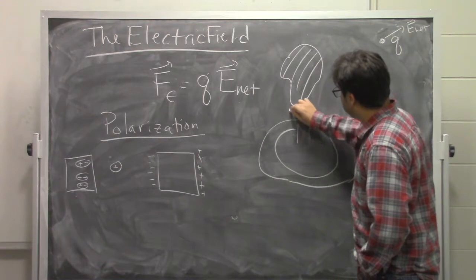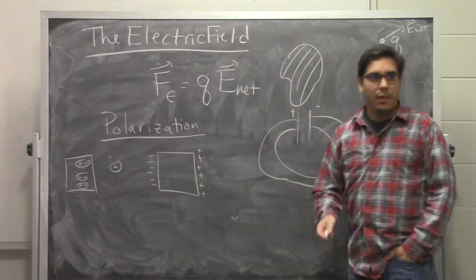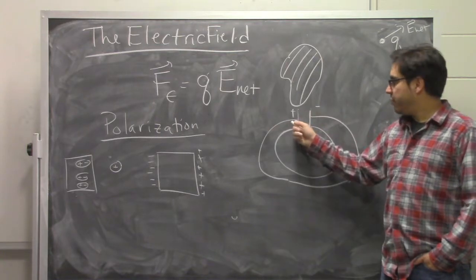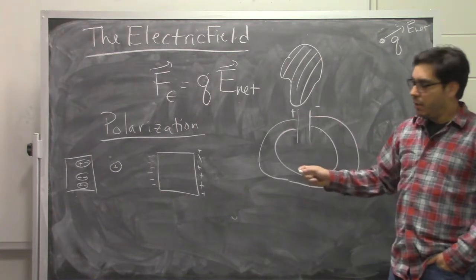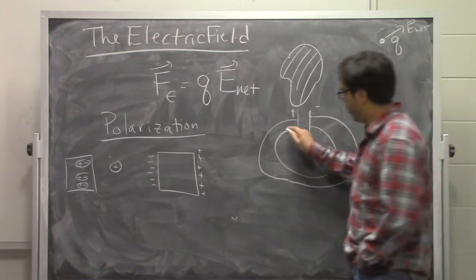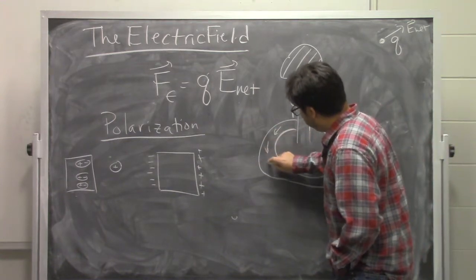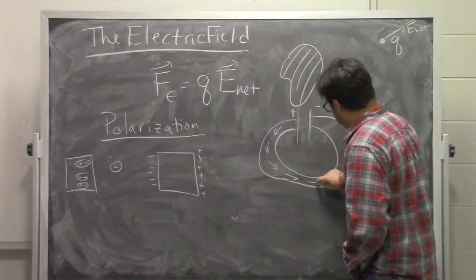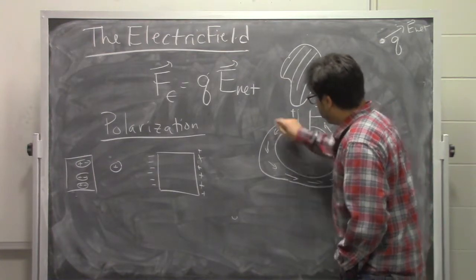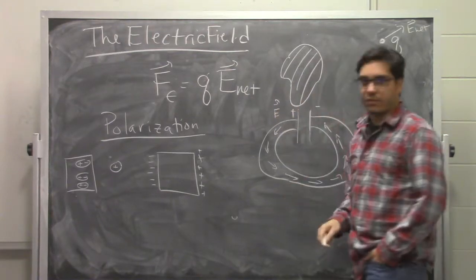So this is the positive side of the battery and the negative side of the battery. What we found was that to drive the current around, to drive the electrons around this circuit, we had to have an electric field that existed in the wires. That electric field pointed from the positive side of the battery to the negative side of the battery, like this. That would be the electric field inside the wire.